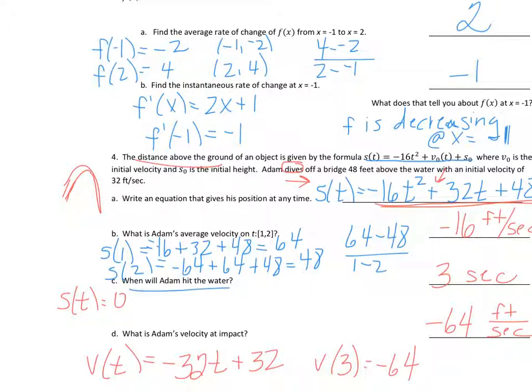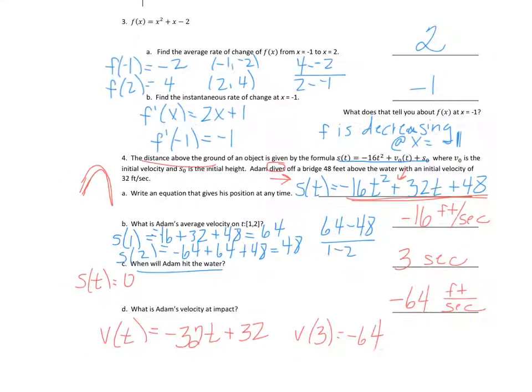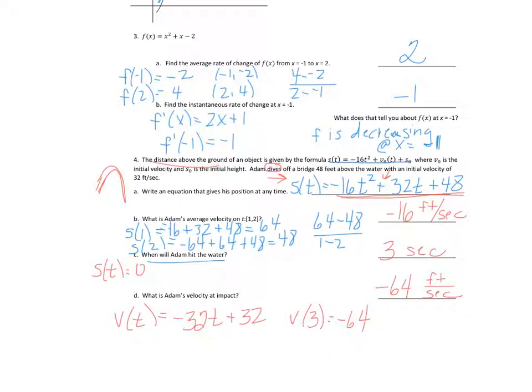And I said that's where S of t is equal to 0. What could you do on your calculator to get that? Well, remember, if you have an equation and what it equals, you would put this in y1 and this in y2 and see where they hit. So you would find that.